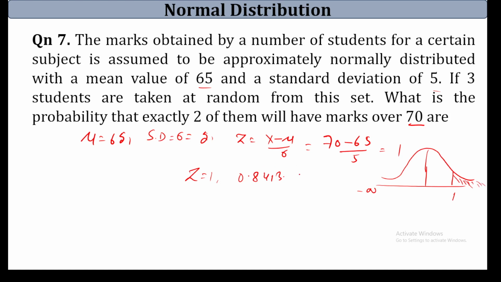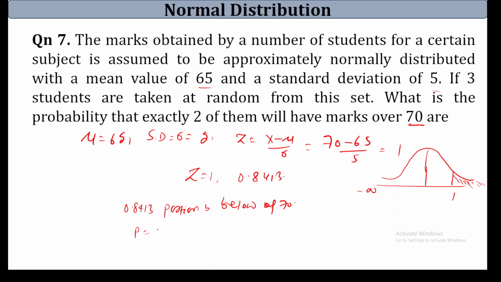So this is what we got: a 0.8413 portion is below 70 marks. Like 84% of the people are below 70.